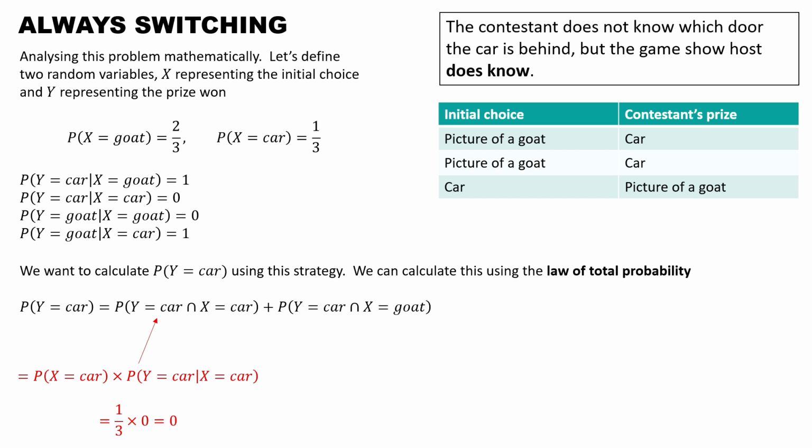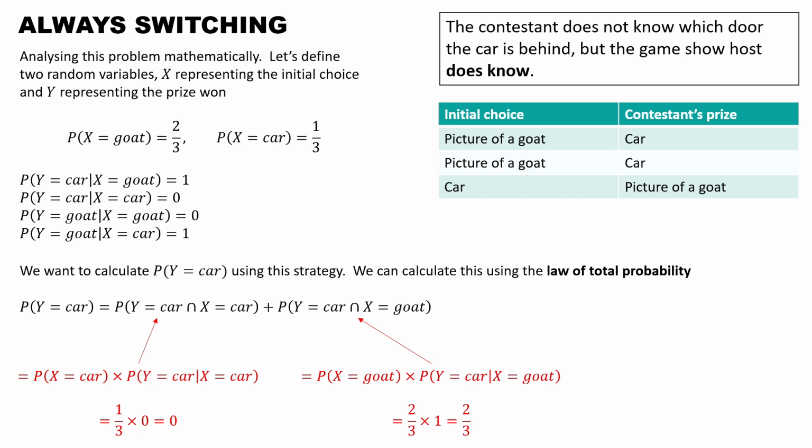Similarly, the probability that the prize is a car and the initial choice is a goat is going to be equal to the probability that the initial choice is a goat multiplied by the conditional probability that the prize is a car given that the initial choice is a goat. We know the probability that the initial choice was a goat, that's 2/3. We know the probability of winning the car given that the initial choice was a goat is 1, so that joint probability is going to be equal to 2/3.